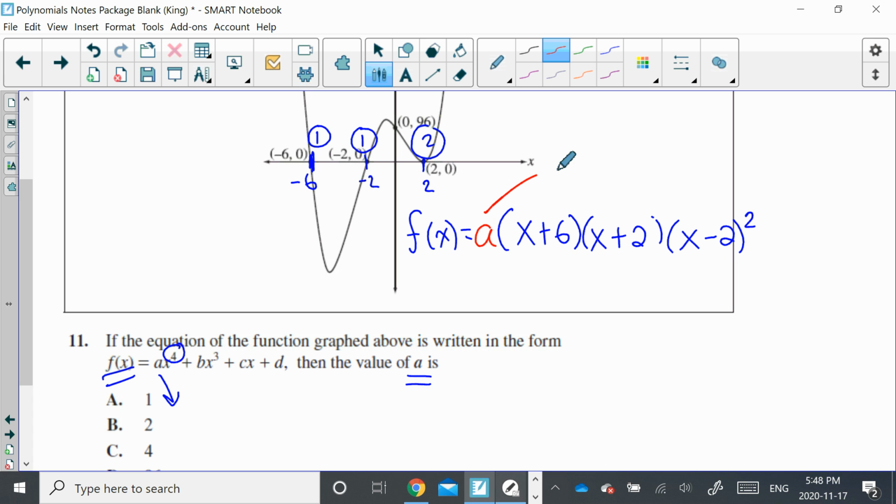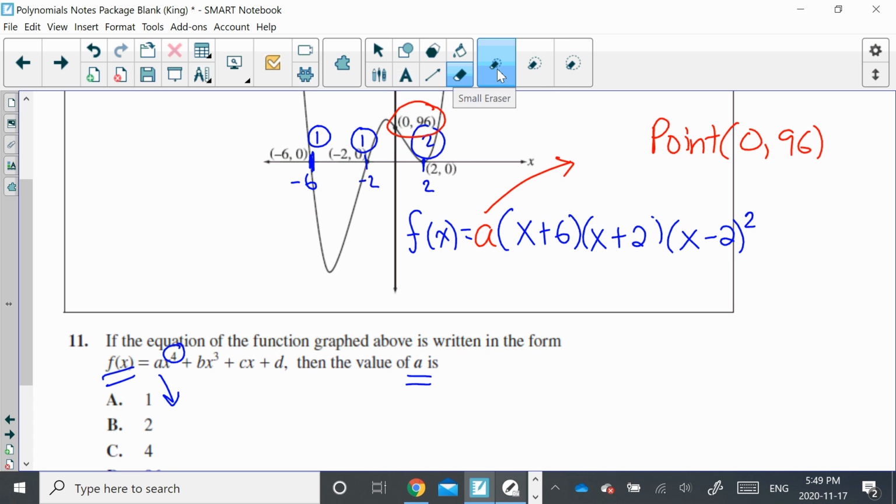In order to get this a value, what we are going to need is a point on my graph other than these zeros, and they give you a point right here. So the point that they give us is 0,96. What I could do to this equation here, and actually I'm going to rewrite f of x to be y.